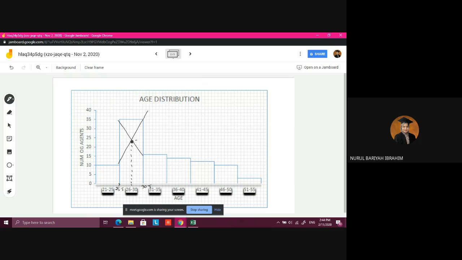Okay, so dia berada di tengah-tengah I think. So it should be tambah 2.5. So the answer will be 28.